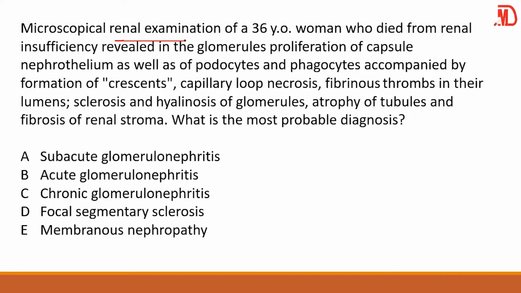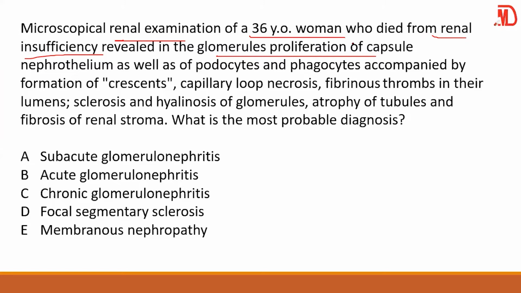Microscopical renal examination of a 36-year-old woman who died from renal insufficiency. That means a problem with the kidney. It revealed glomerulus proliferation of the capsule. So there is what? Glomerulonephritis. Because there's what?